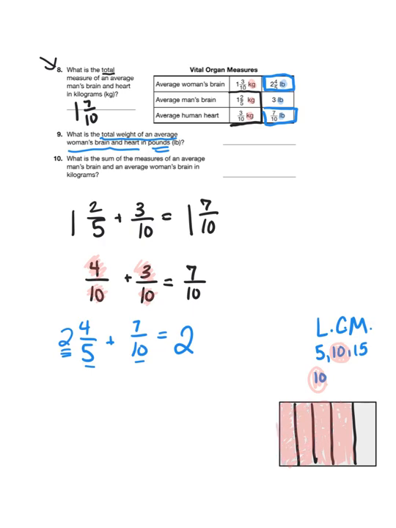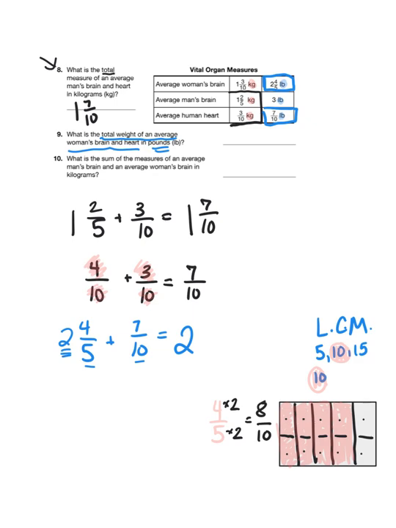So there's my 4/5. Now, when I take this 4/5, if I cut each of those fifths in half, now I have 10 equal pieces. 1, 2, 3, 4, 5, 6, 7, 8, 9, 10 equal pieces, and 8 of them are shaded.